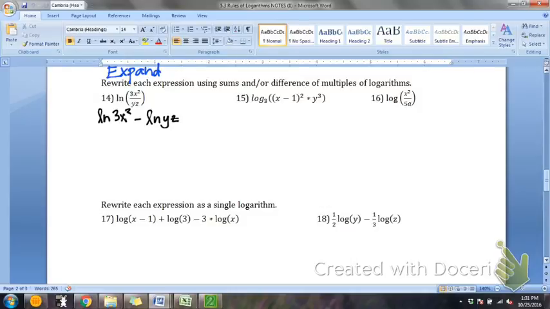Okay, what do you think we should do next? What do you see that still needs to be broken apart? The exponent, okay, the 2. What are you going to do with that 2? Pull it in the front. Okay, of just the first one, right? Only the 3x is being squared, so I don't put it on the second one. So I have 2 ln of 3x minus ln of yz. What else do we need to do here?